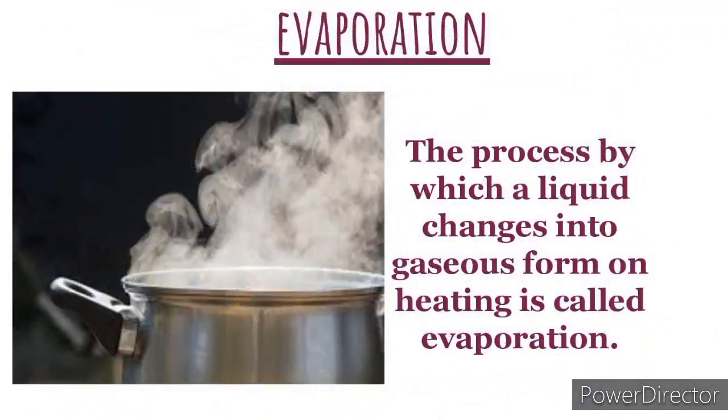What's the next term? Evaporation. So what is evaporation? The process by which a liquid changes into gaseous form on heating is called evaporation. So in evaporation, the liquid form is changing into vapor, that is the gaseous form. Okay, so for this you know very well.